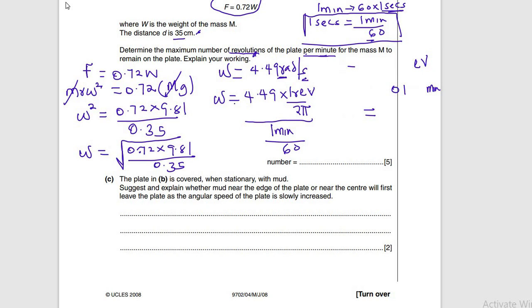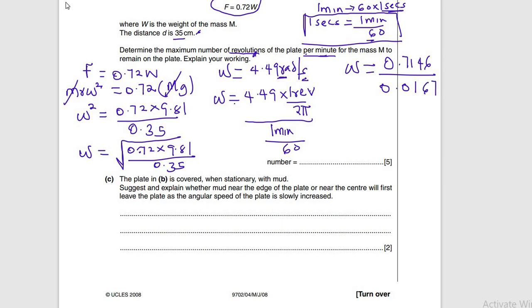So to be 4.49 over 2π, that gives 0.7146 revolutions, divided by 1 over 60, which is 0.0167 minutes.